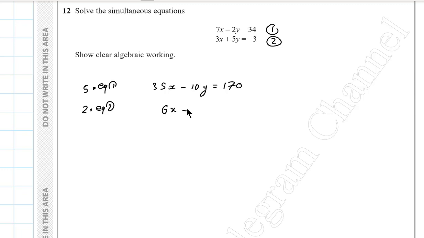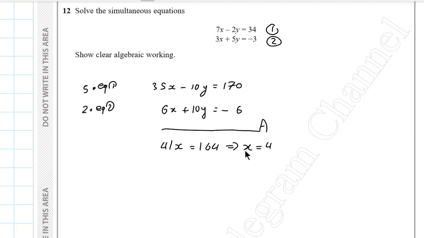And then I will multiply 2 times equation 2, just double it. It will be 6x plus 10y equals minus 6, and then we can add them together to be 41x equals 170 minus 6, which is 164. So we can say that x equals 4.